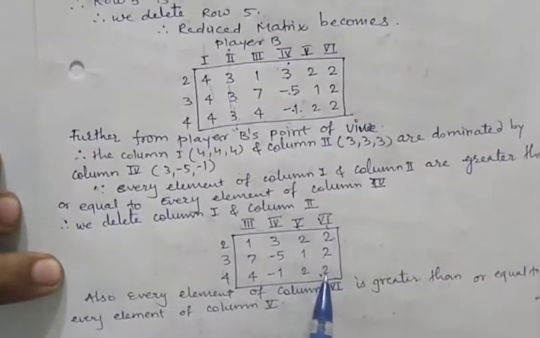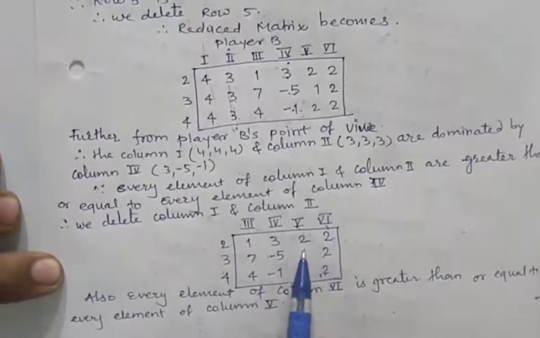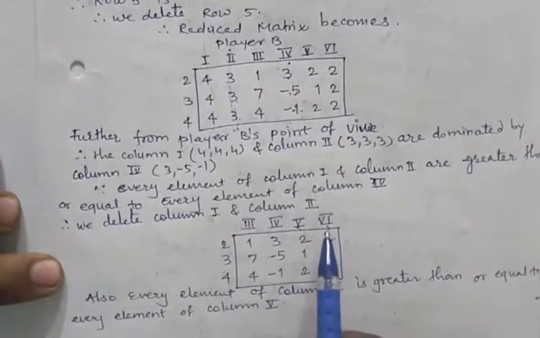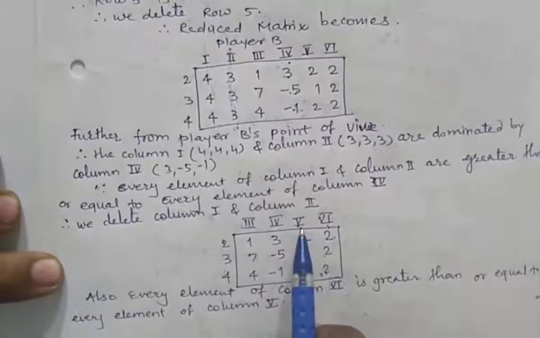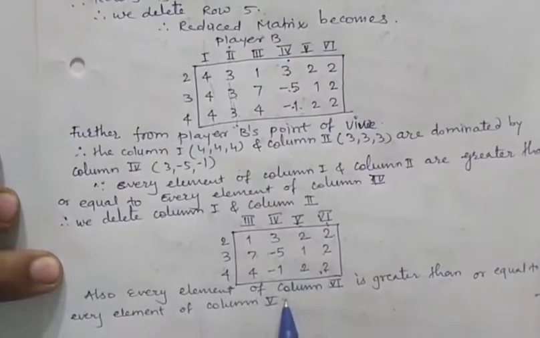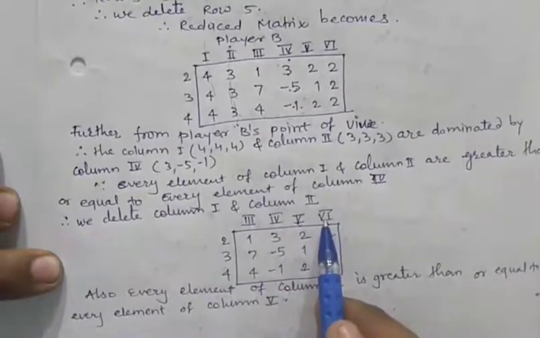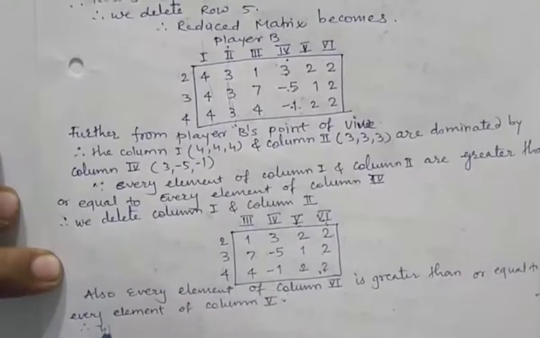Therefore every element of column 6 is greater than or equal to every element of column 5. Therefore column 6 is dominated by column 5. Therefore which column will we delete? Column 6 will be deleted.